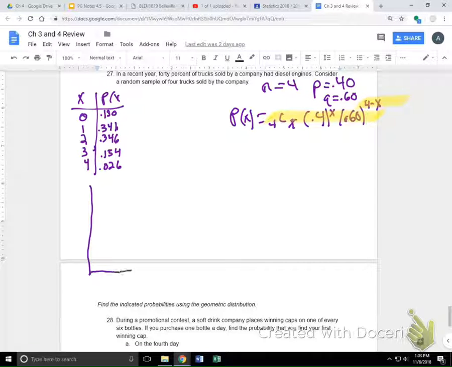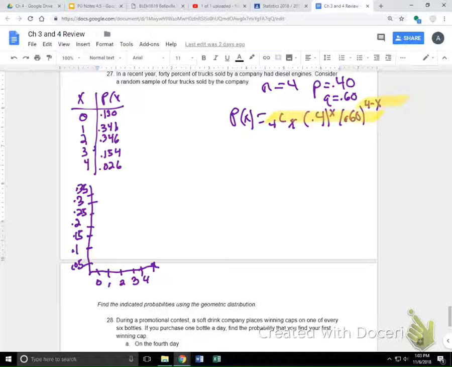We're going to use a histogram again. This one only needs to go to 0.35, so 0.05, 0.1, 0.15, 0.2, 0.25, 0.3, 0.35. And hopefully yours looks a little nicer. I'm just trying to get through this quickly. 0, 1, 2, 3, 4.